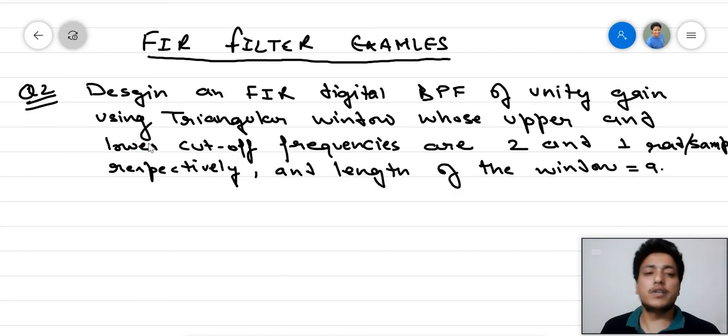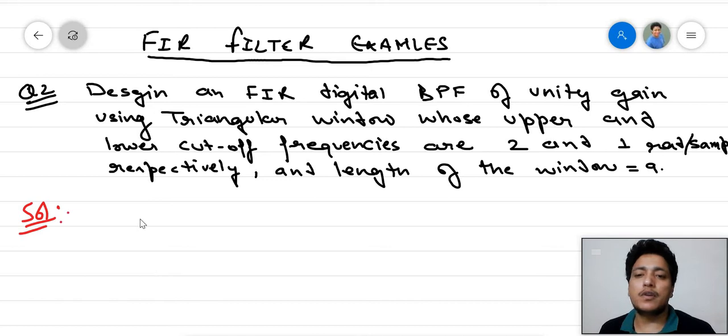The given question is: design an FIR digital band pass filter of unity gain using a triangular window whose upper and lower cutoff frequencies are 2 and 1 radians per sample respectively, and the length of the window is equal to 9. The solution will be, first, the given items.